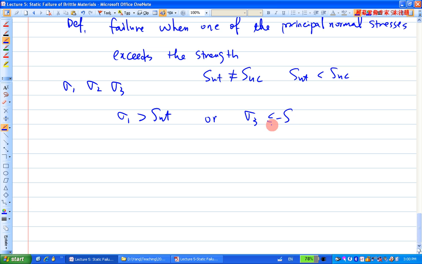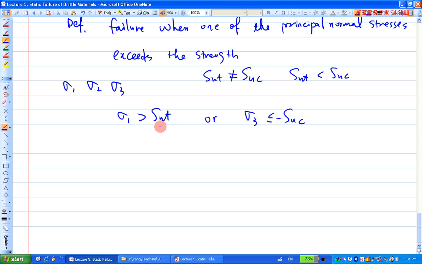Sigma 3 is possibly a negative value, but you're comparing with a positive value, so you put a negative sign there. That's basically what the MSS theory is telling us.